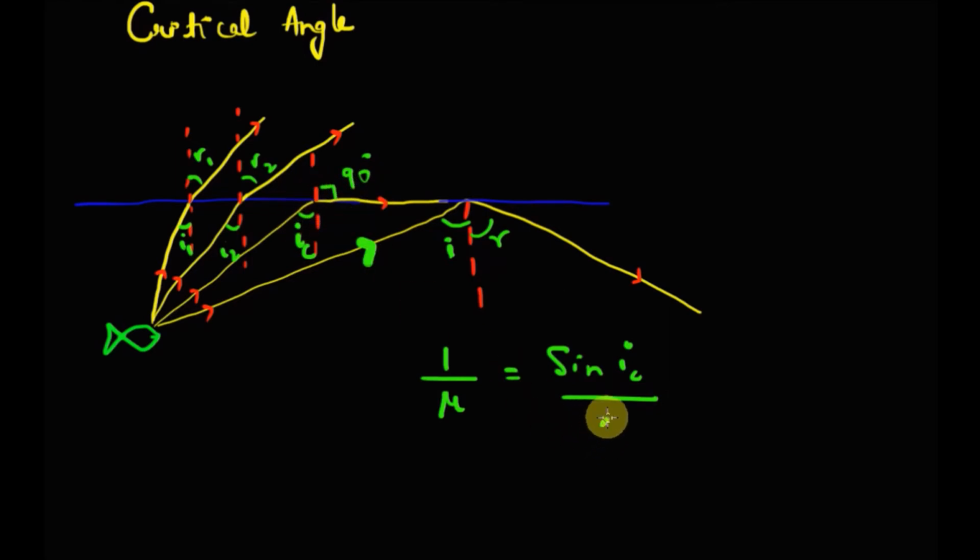So basically, the critical angle is defined as sine inverse of 1 by mu, which is 1 by the refractive index of water in this case.